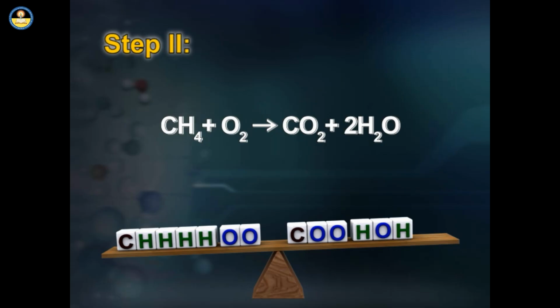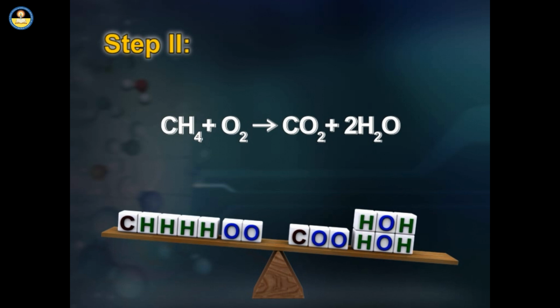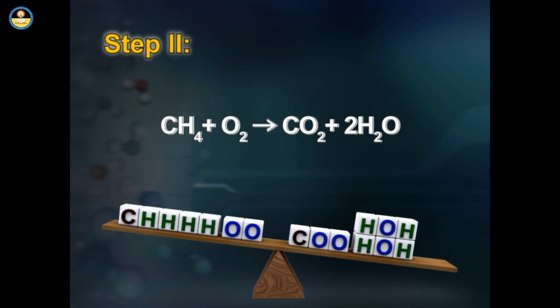To balance the hydrogen atoms, put coefficient 2 before H2O on the product side. The partially balanced equation may be written as CH4 reacts with O2 to give CO2 plus 2H2O.